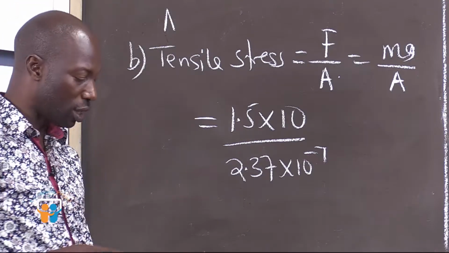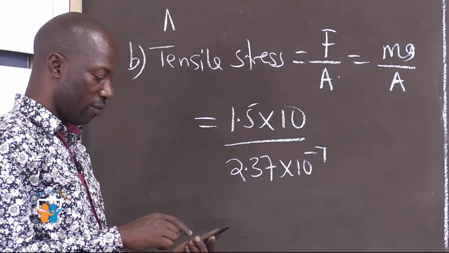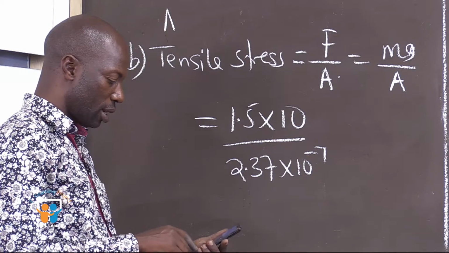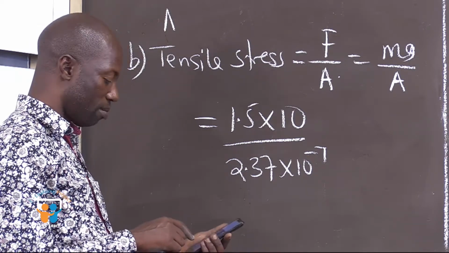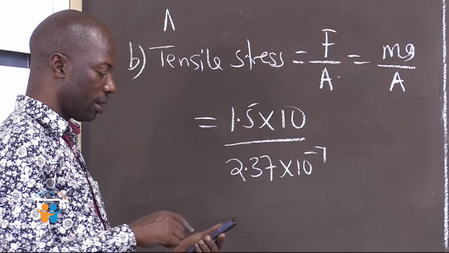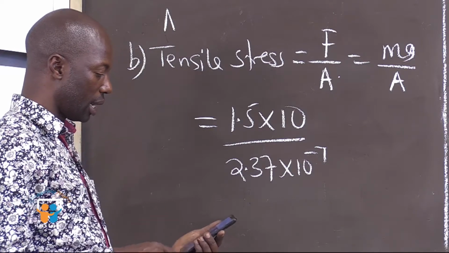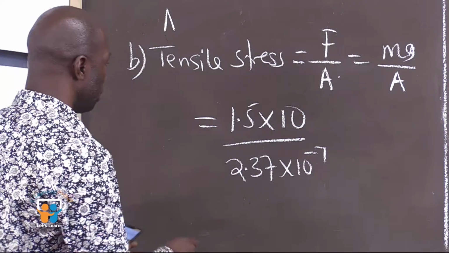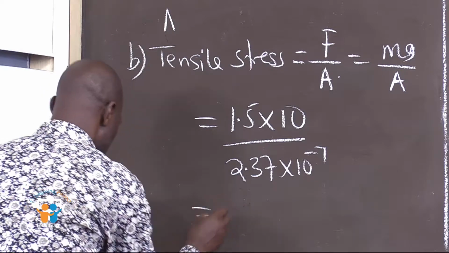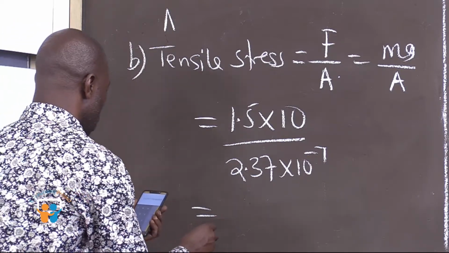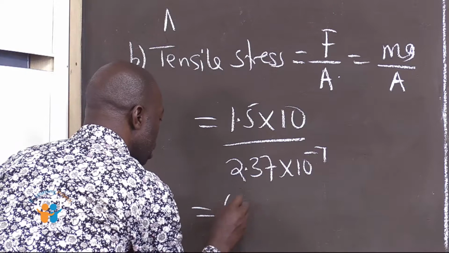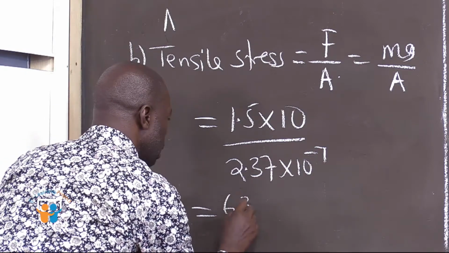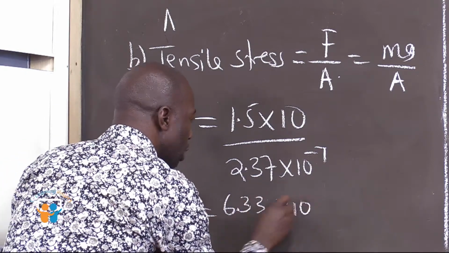Remember, it is in Newtons per meter squared. If we check with our calculator, this is 1.5 times 10 divided by 2.37, and we are getting 6.33 times 10.